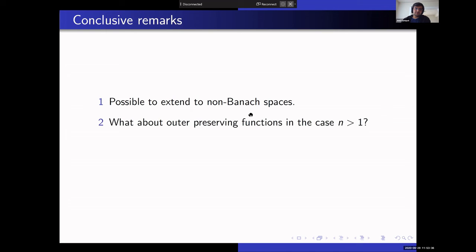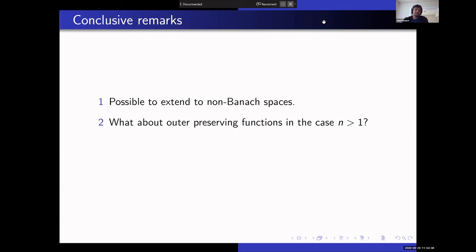The second thing I wanted to point out was, what about outer preserving functions? Note that the result that I proved about the exponentials and weighted composition can apply to a lot of different operators that preserve different sorts of functions. I can take outer preserving operators instead of cyclicity, and ask whether all weighted composition operators preserve outer functions or not.